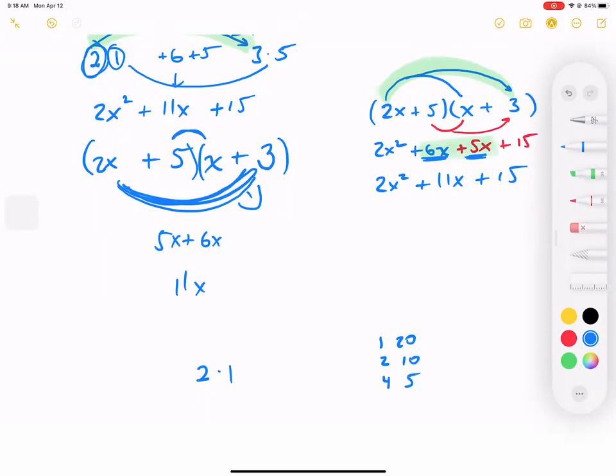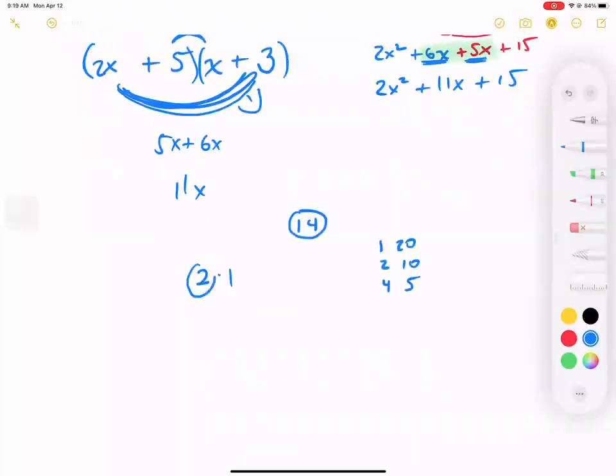Which of these pairs can I multiply and then combine, add up to a positive 14? My goal is 14, okay? I want you to see which numbers could you date. Front times the back number, okay? And the other times the other.